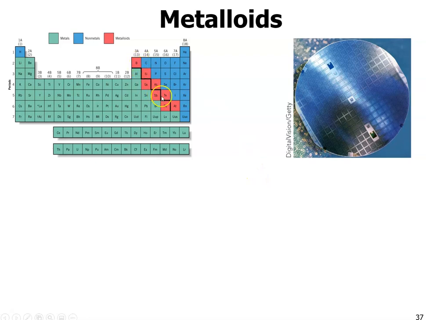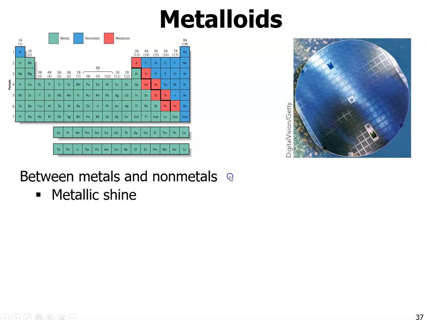The metalloids, that's this diagonal line here, and they have unique properties: boron, silicon, germanium, arsenic, antimony, and we have tellurium, polonium, astatine. These are all also those metalloids down the center. They're kind of between metals and non-metals. A lot of times they'll have a metallic shine, but they'll be more brittle like a non-metal.